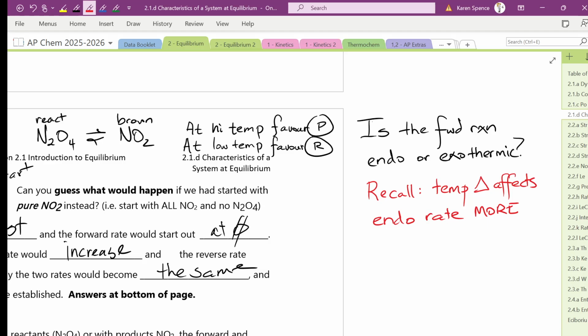Yeah, that's what I said. High temperature causes a shift in which direction? To the right.